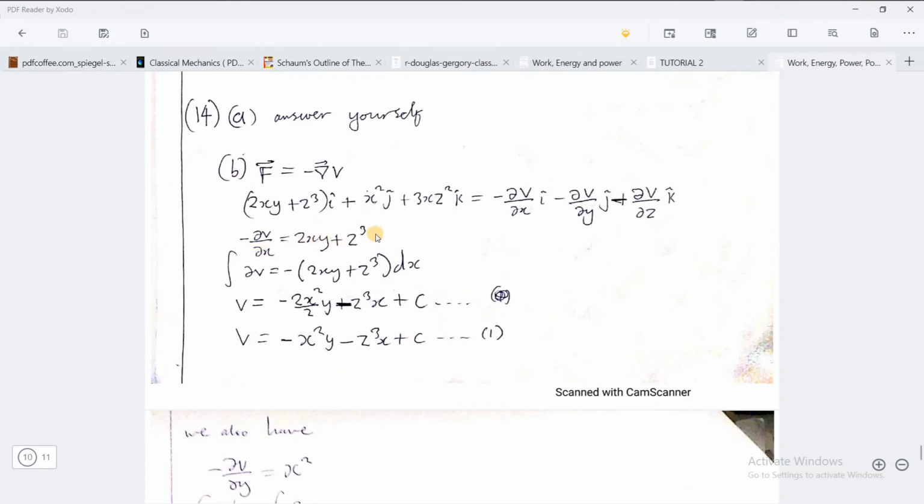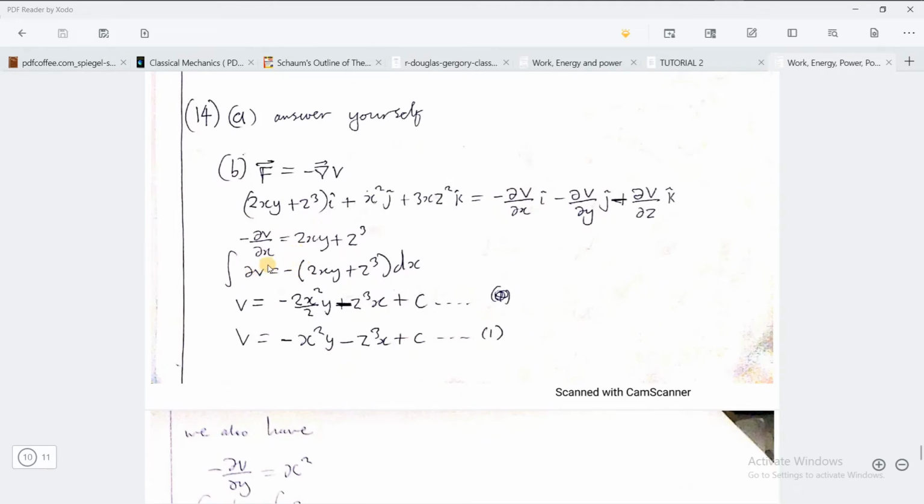When this partial x goes to the right, it becomes dx, so you can write it as dx there. And this negative, you can divide it throughout, and you get this part on the right. Then integrating here, introducing an integration sign, and here also introducing an integration sign.